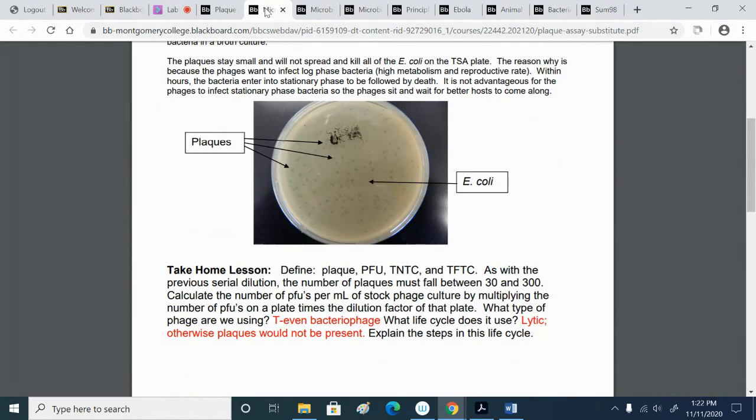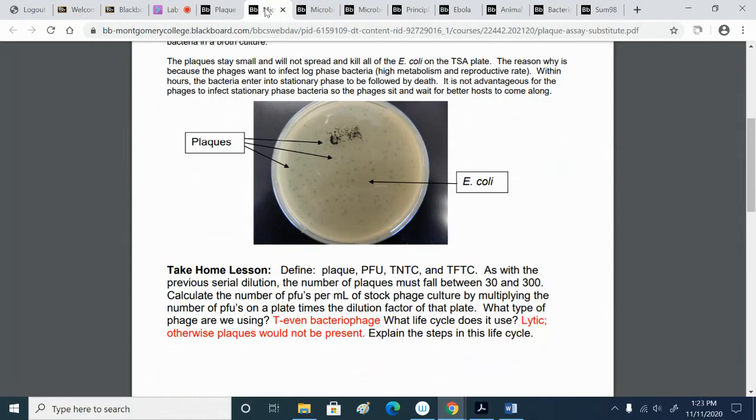So because we see plaques, what kind of life cycle is that for the virus? Probably lytic because it's killing them. Right, yeah, so it's lytic.